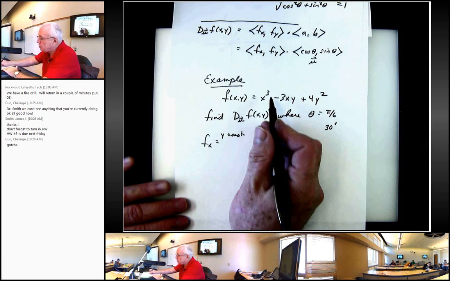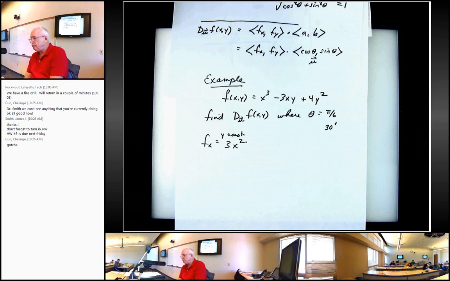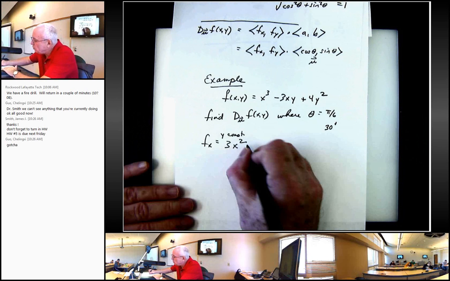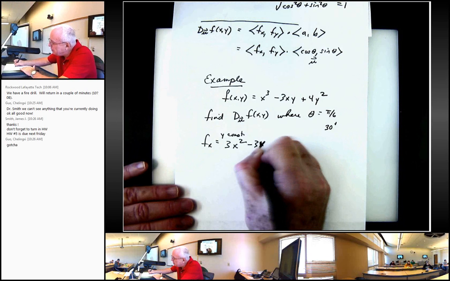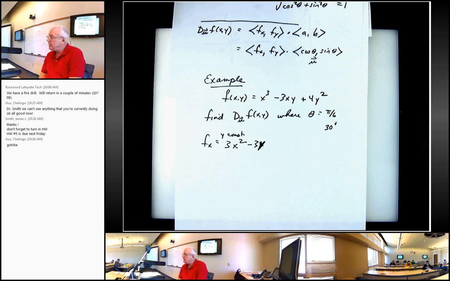So x to the third is going to become 3x squared. My middle term is going to become minus 3y. The x goes to a 1. And then 4y squared just goes to 0.